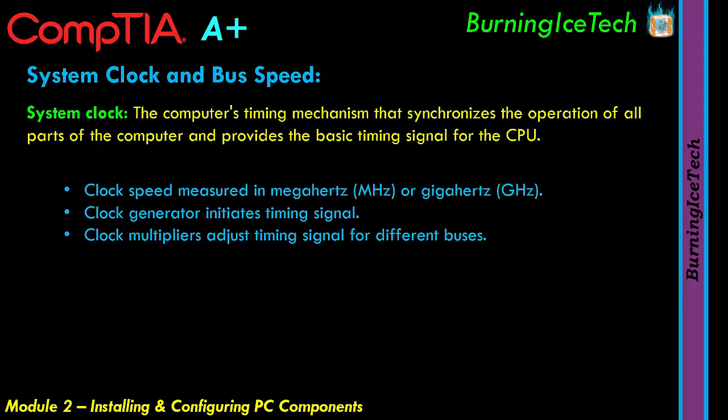You might even hear people talking about terms like FSB, front side bus speed. So your clock speed, as you can see, is generally measured in megahertz or gigahertz. The clock generator initiates the timing signal, and the clock multipliers adjust the timing signal for different buses. So it's very crucial that you've got clock speed configured correctly on your PC.